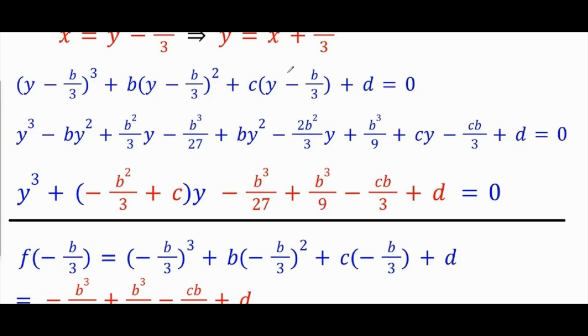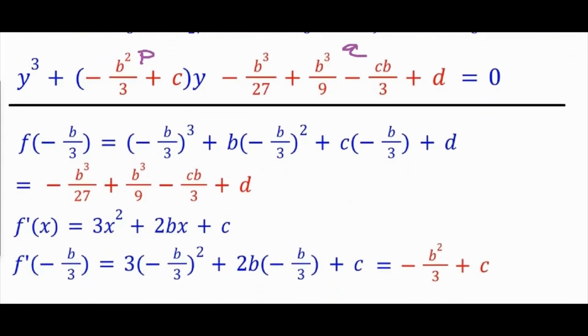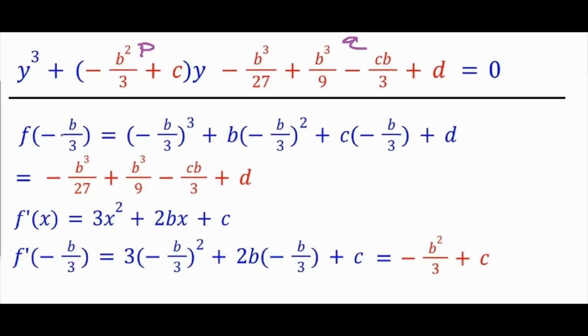And when you get all these like terms combined, then you're going to end up with this, and this is P, and this is Q. So if we contrast the other method, where you evaluate the function at the shift, you get this, and it's the same exact thing as this.